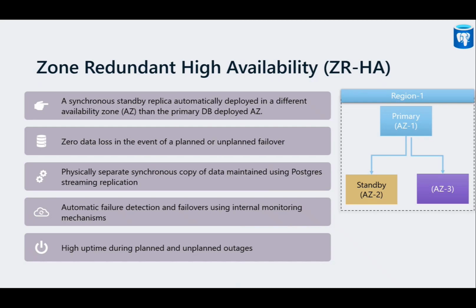That allows for high uptime even during maintenance. We talked about maintenance in the past, and possibly you have to restart the system with Linux patches. If you have high availability, we will do failovers before we restart the system. Therefore, it allows us to have high uptime during maintenance and during unplanned issues.